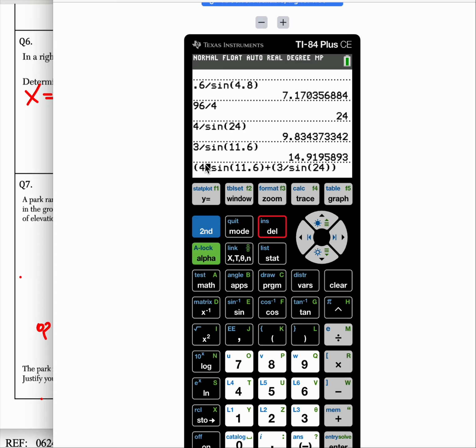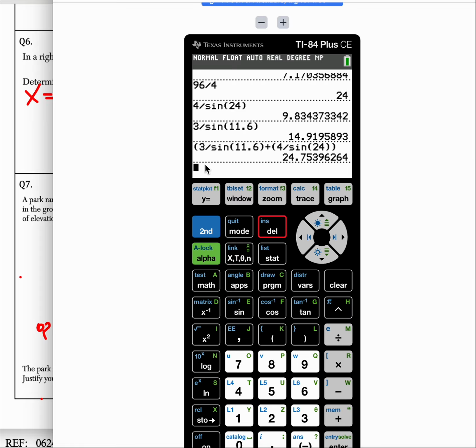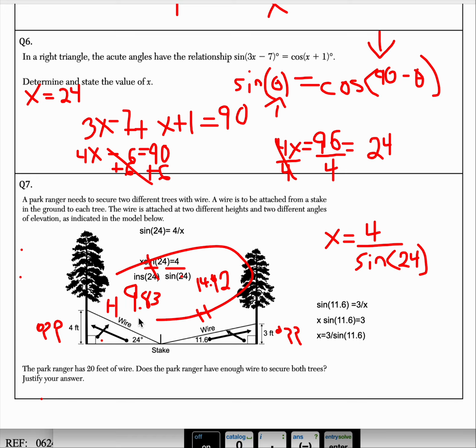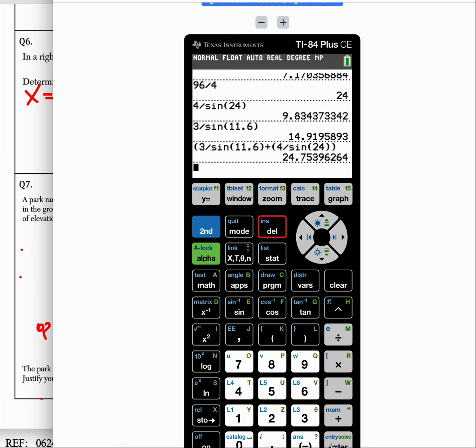This should be 3 over sine 11.6, and this should be 4 over sine 24. And that is 24.75. Okay, so all together, 9.83 plus 14.92. See if that equals the same thing.